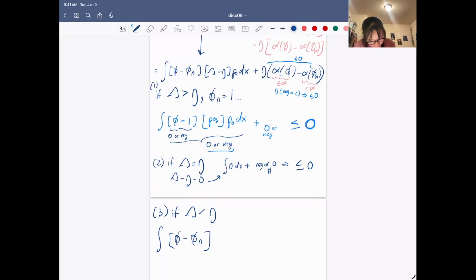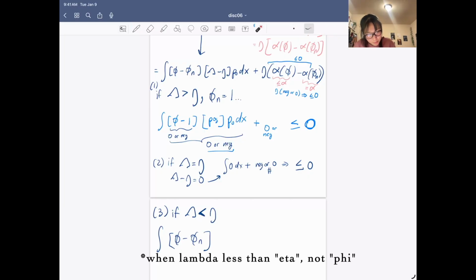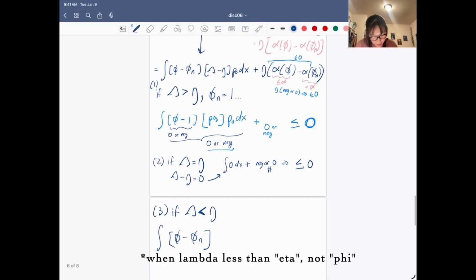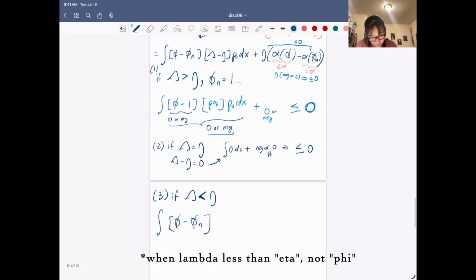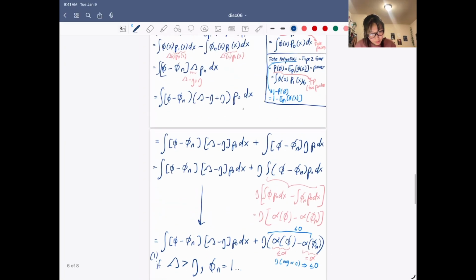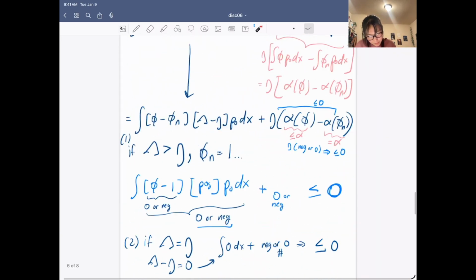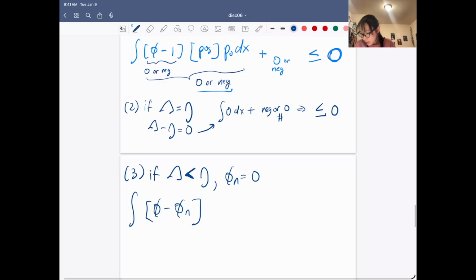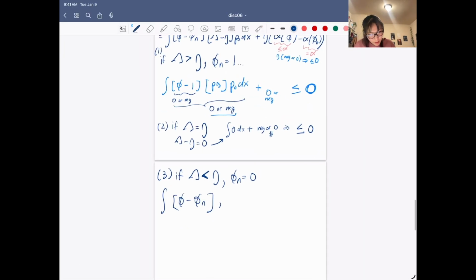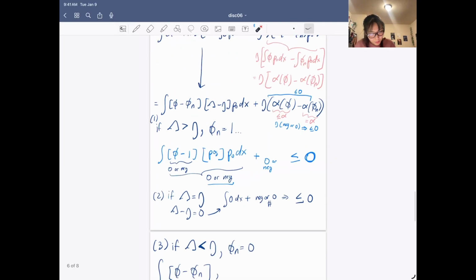Our third condition is when lambda is less than ida. There we go. So when lambda is less than ida, then we have the case that our phi of x is equal to 0. Because if you see here, this is the case that we're looking at. And in that case, again, the right part of our integral is already 0, so we're just looking at this left part.